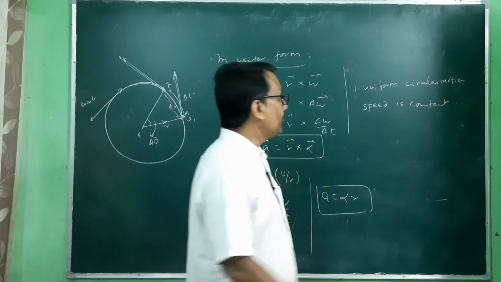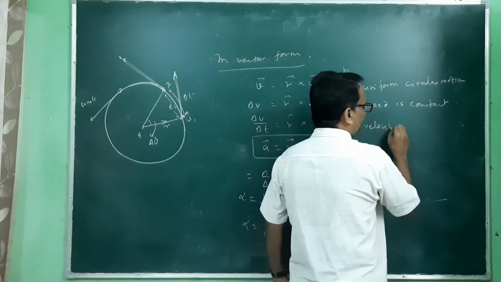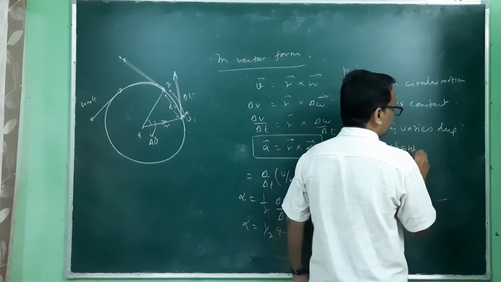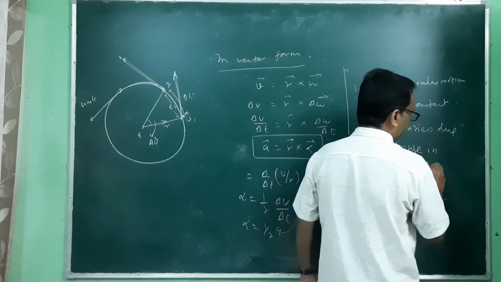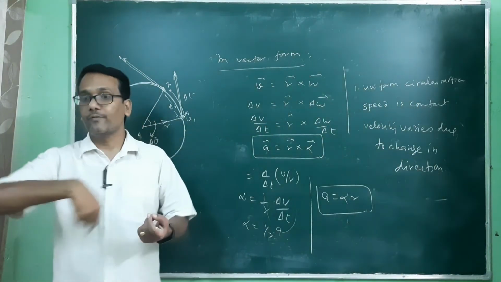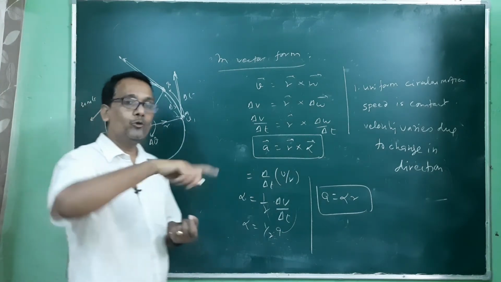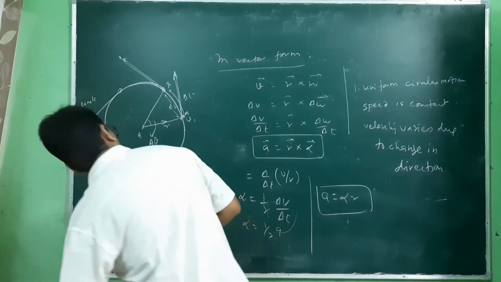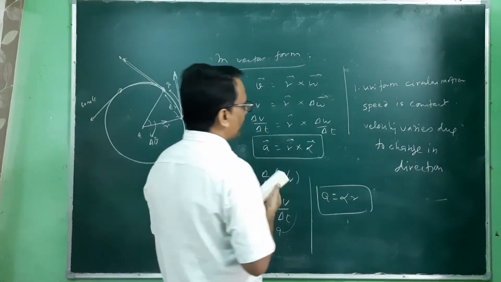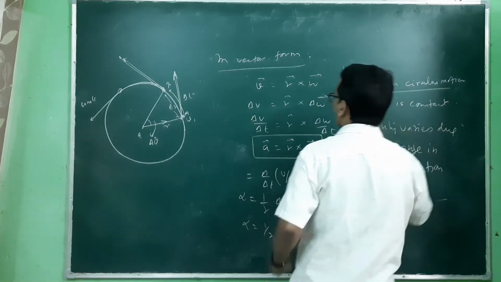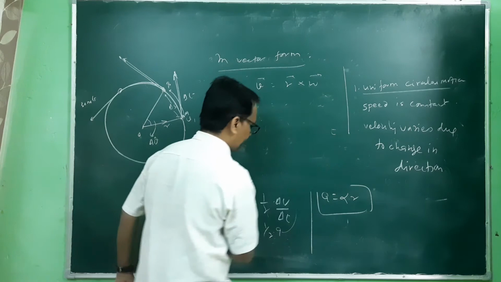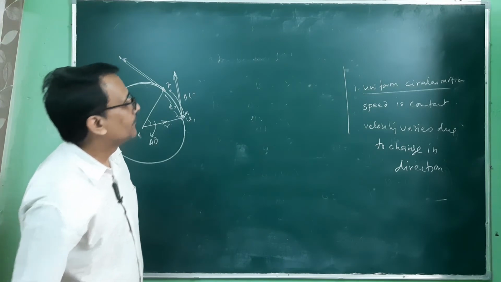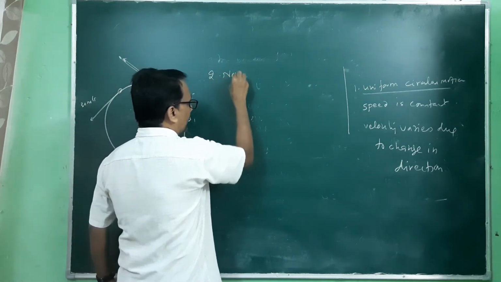Velocity varies due to change in direction, but it is uniformly moving with constant speed. Second, non-uniform motion.